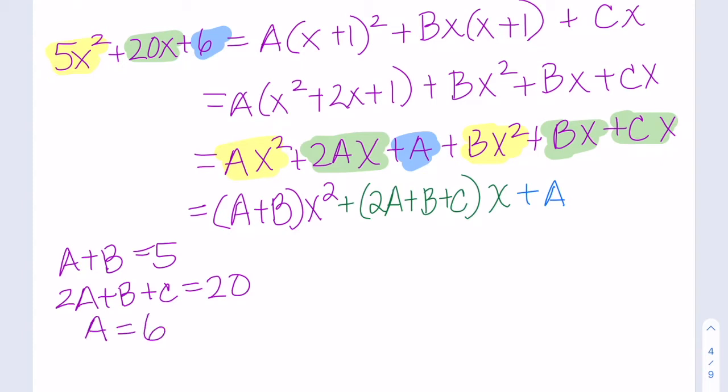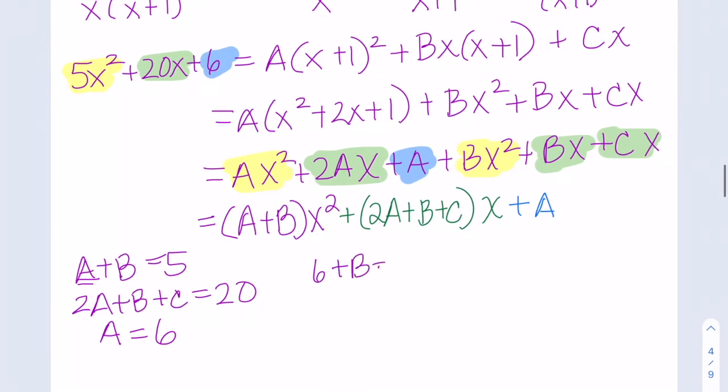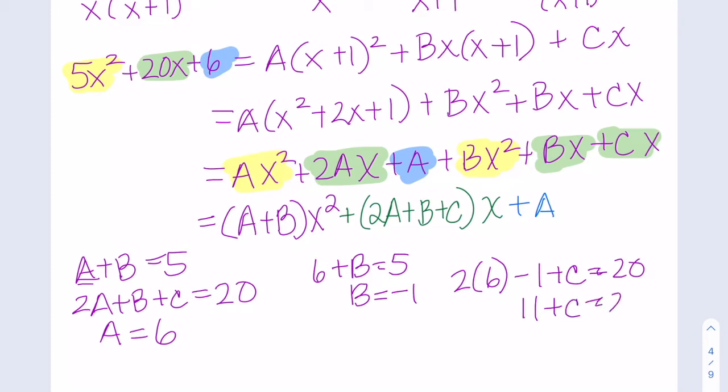There's no other variables. So working backwards, I could see that if I plug in 6 for a, we'll get 6 plus b equals 5. So b must be equal to -1. And then I can plug them all into that last equation to find c. So 2 times 6 minus 1 plus c equals 20. That's going to be 11. So my c is 9.